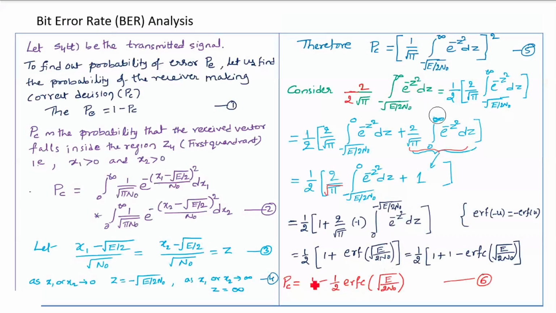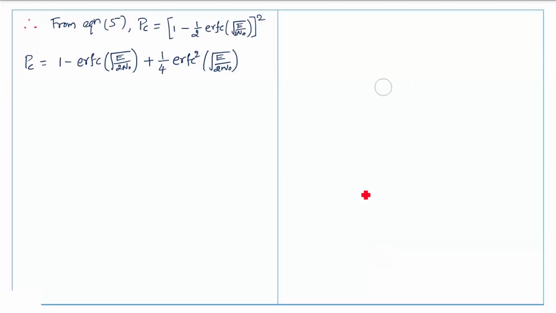Now this whole thing is the right sided part, so 2 by 2 root pi, this whole thing is this. Now I can write the probability of making correct decision as 1 minus half ERFC of square root of e by 2 n naught, whole square.